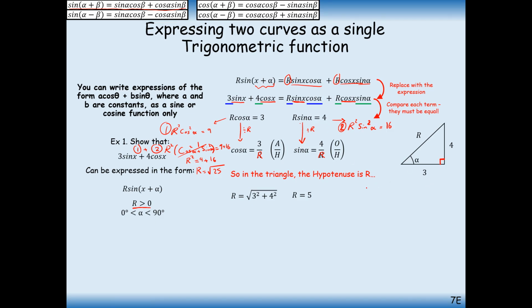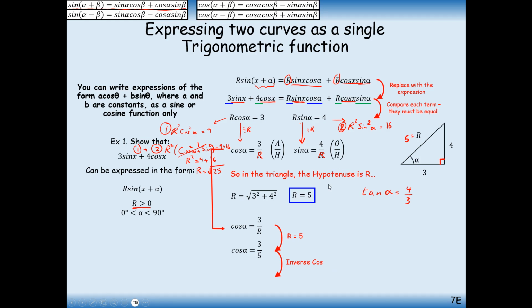I could take tan of alpha to be equal to 4 over 3, but there is another way. Now that we know the value of R, we could take cos of alpha, as it's on the PowerPoint here, to be 3 over 5. Both of these expressions will give you the same answer.